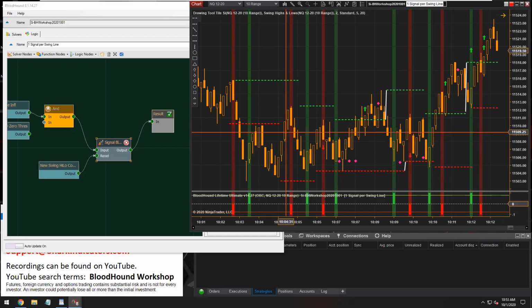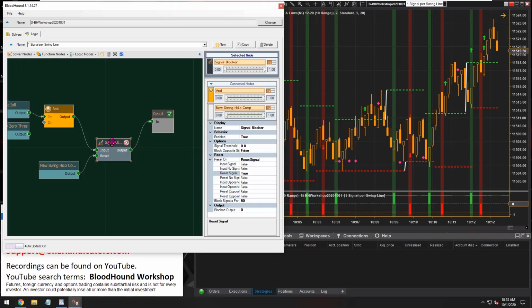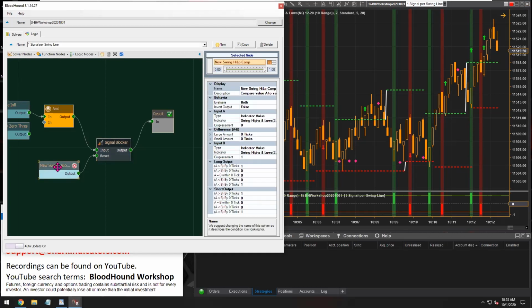Now, of course, the resets would have to be a little different if maybe both long and short signals were based on swing highs. But for now, that's not what Thomas needed. So this logic here is pretty simple. All right, well, we're basically done with that.